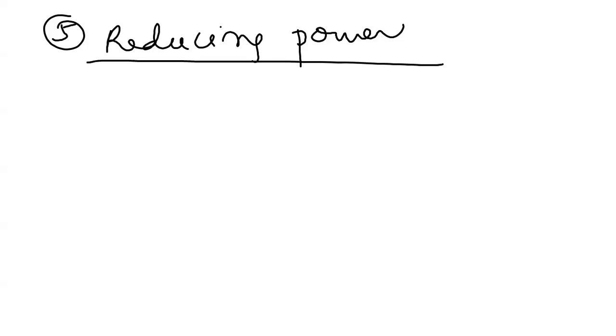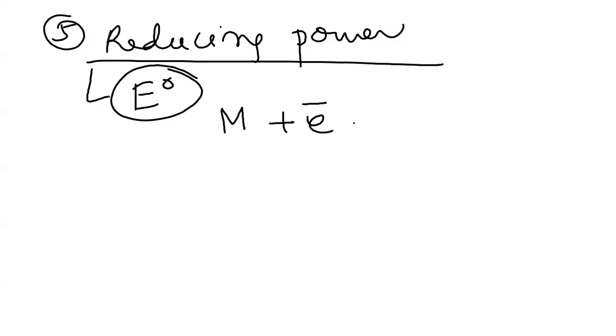See, the reducing power is measured in terms of electrode potential. It means that any metal, when it combines, loses electrons.